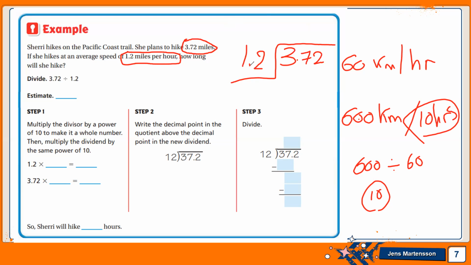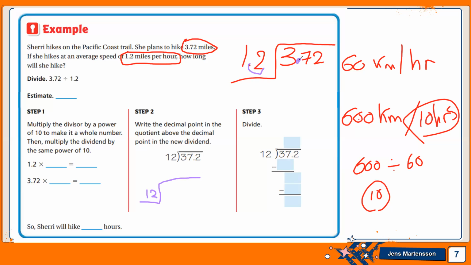Now, 1.2. After where do you have to put the decimal point? After how many digits? 1 digit. Bravo. So it comes as 12. Now look here.